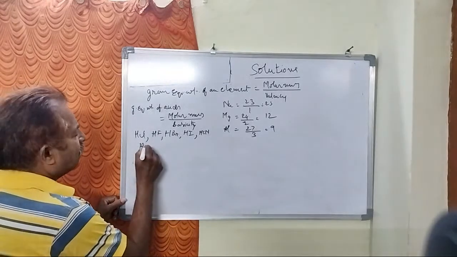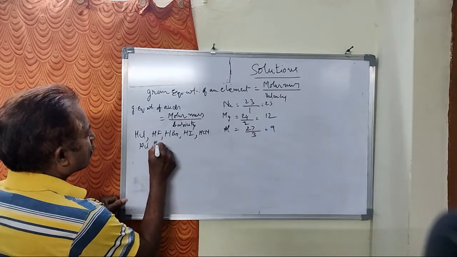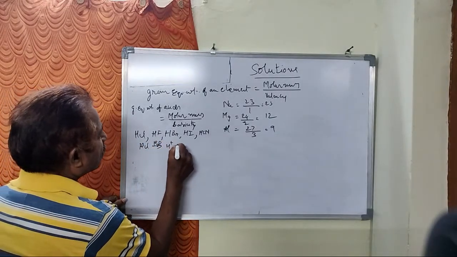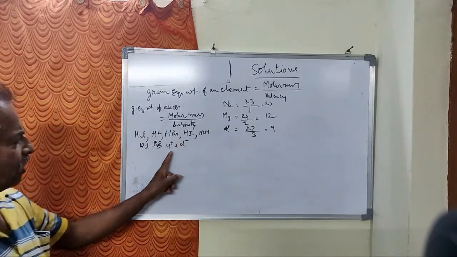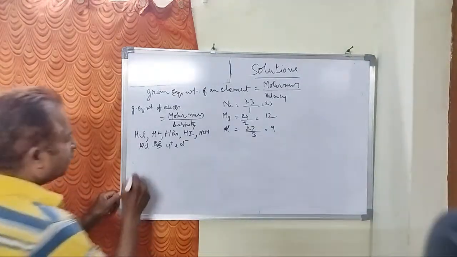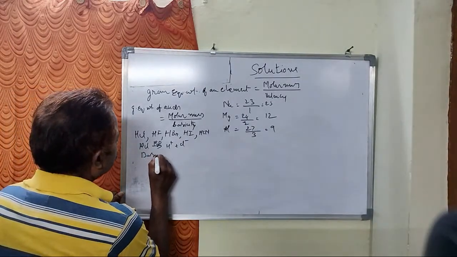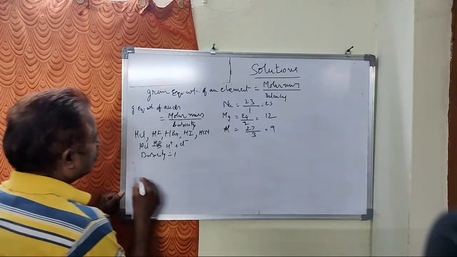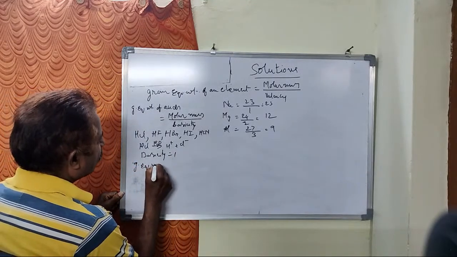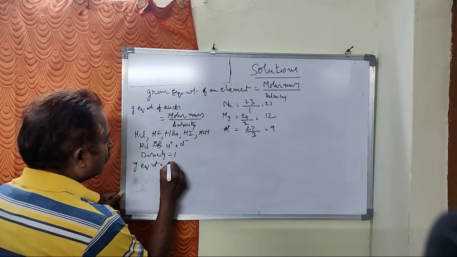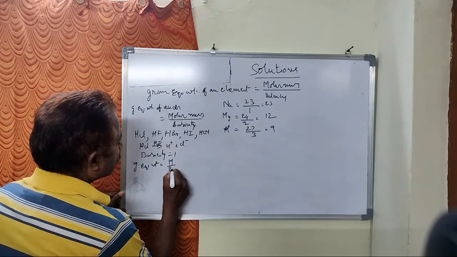For example, HCl, when it is dissolved in water, we get H plus and Cl minus. One replaceable hydrogen ion. Since one replaceable hydrogen ion is there, their basicity is 1. Therefore, gram equivalent weight of all these is molar mass by basicity.